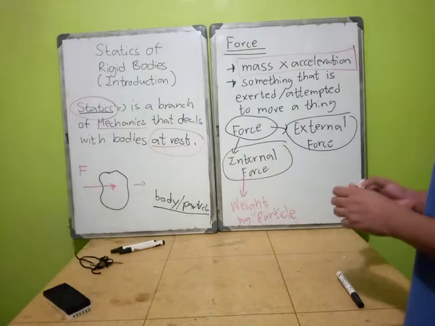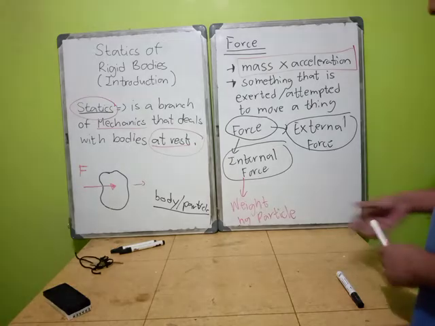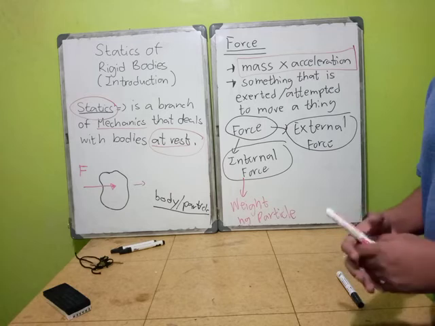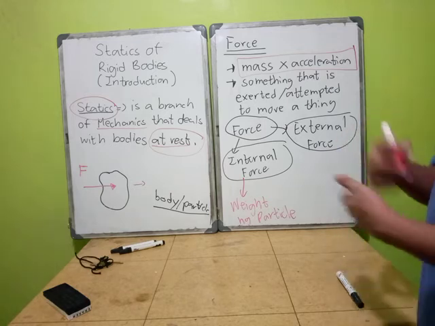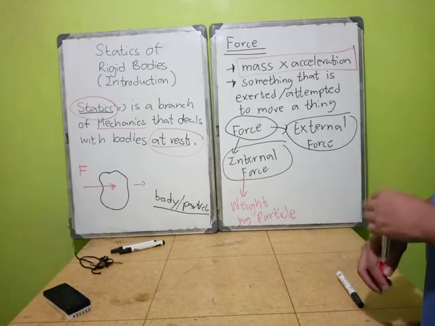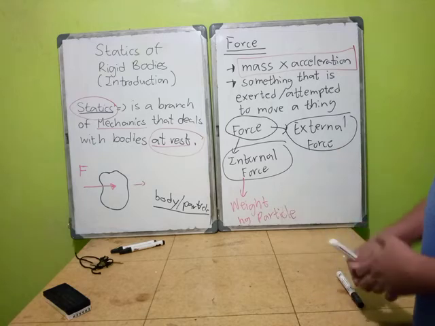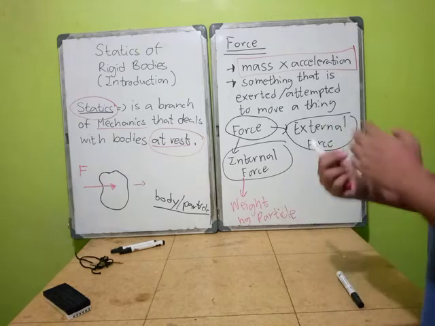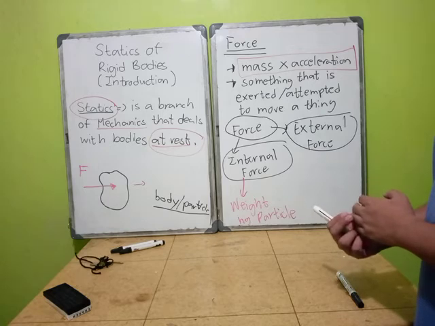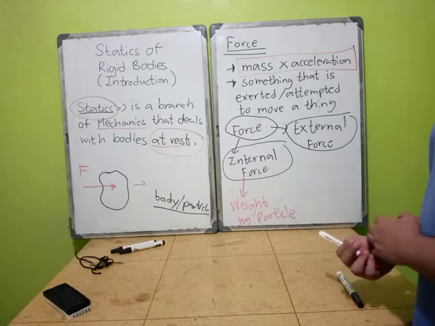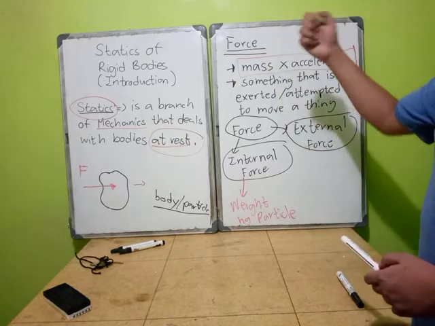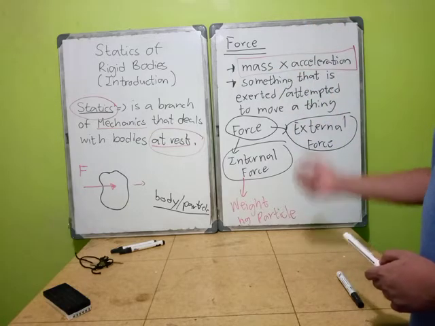So, maraming nagtatanong. Pag sinabi nating weight, some of you might imagine that it is something in kilograms. So, it's actually incorrect. Weight is measured in terms of Newton or kilonewtons or kips, while mass is in kilograms.